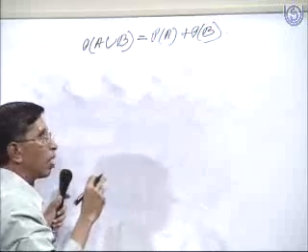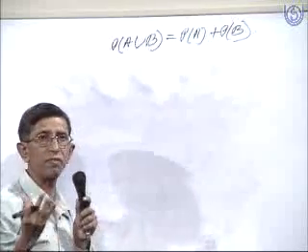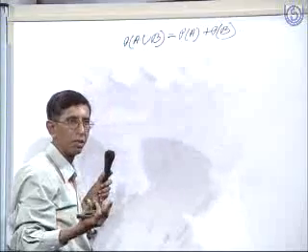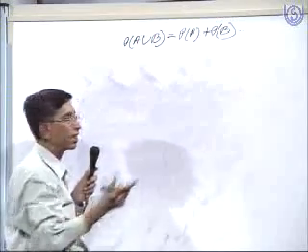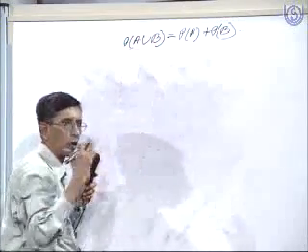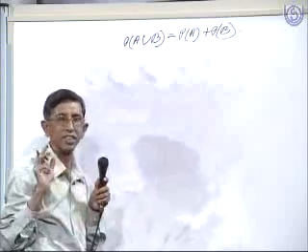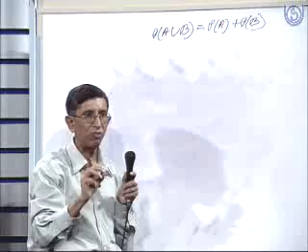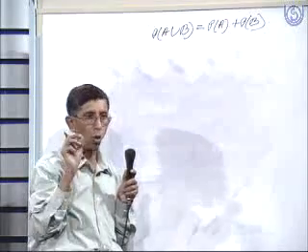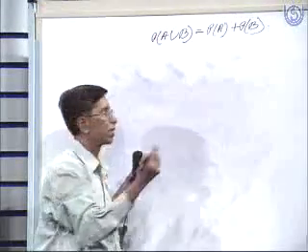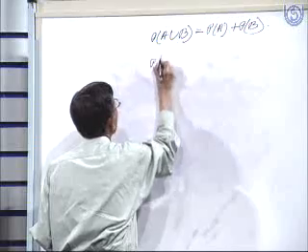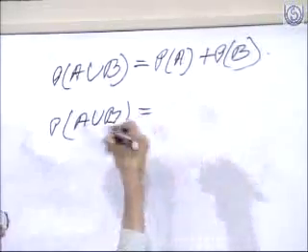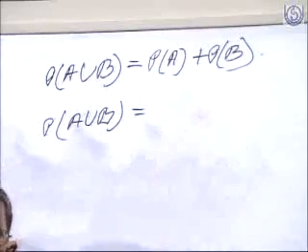Now this is about two mutually exclusive events. But the two events need not be mutually exclusive. Then this theorem gets slightly modified. There the statement is in fact that the probability of either A or B or both. So in that case, if I write the probability of A union B, the expression will be slightly changed.